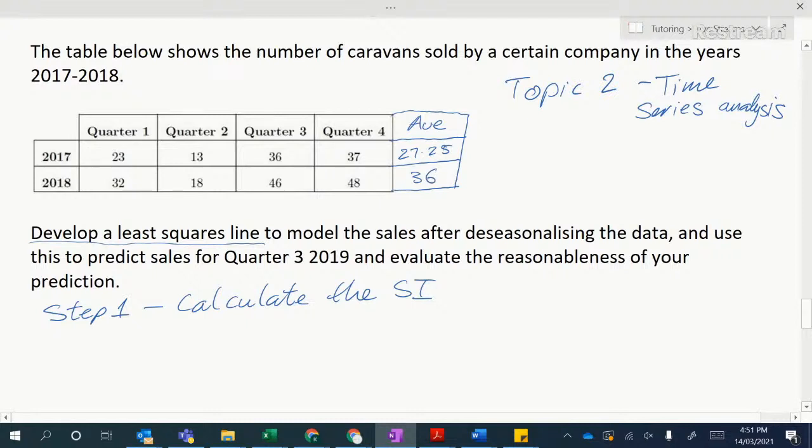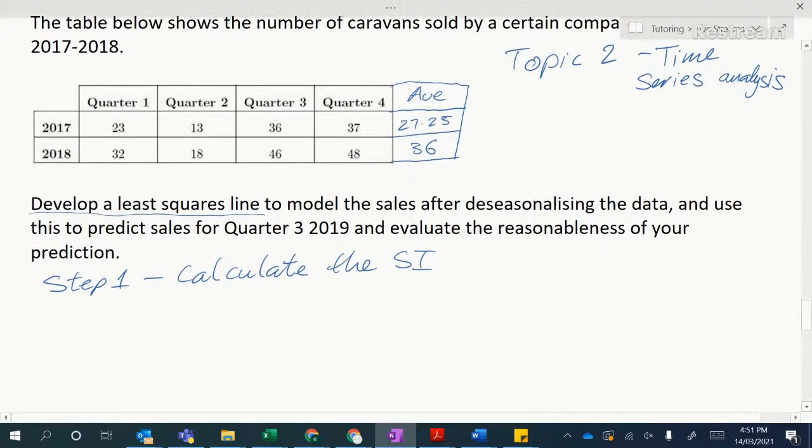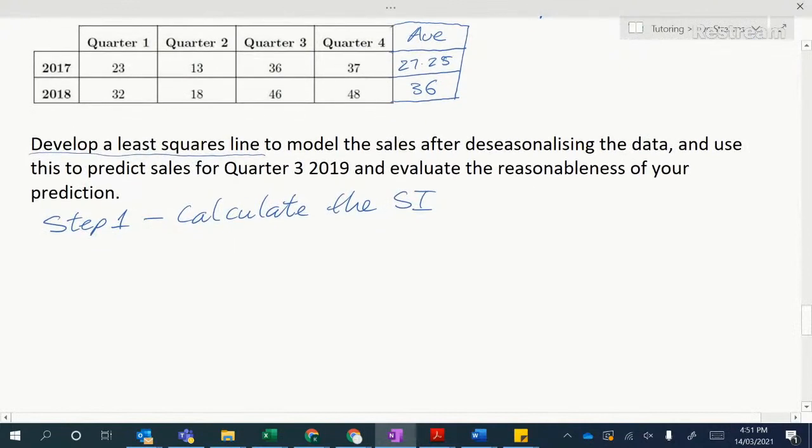Right. Now that we've got our average for each year, we can now calculate the seasonal indices. So what I'm going to do is redraw this table, like so.